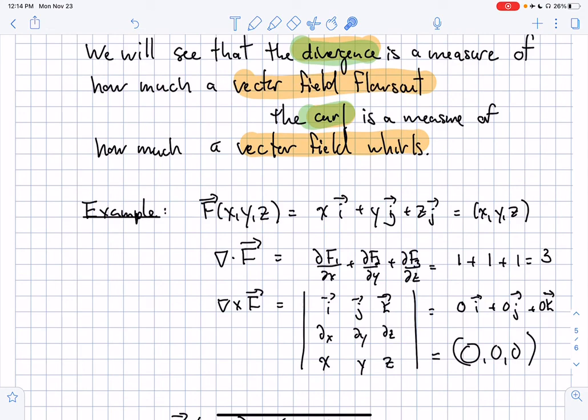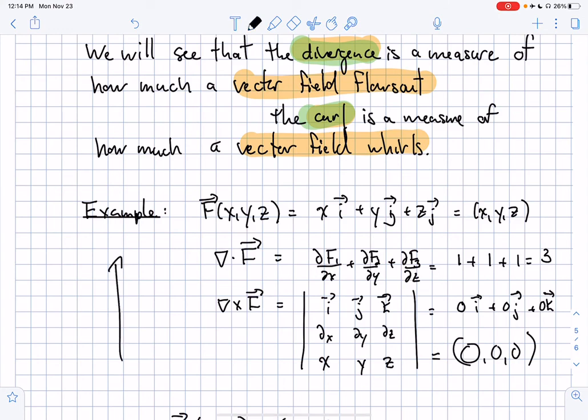So if I take this vector field, x, y, z, okay, what's the divergence? It's easy. I just add the partial derivative for each coordinate, and I get 3. Now if I compute the curl, okay, so it's a cross product between the derivative operator and x, y, z, and if you compute it, you can see that I get the 0 vector. All those partial derivatives are 0. So I get the 0 vector. That's not too surprising.